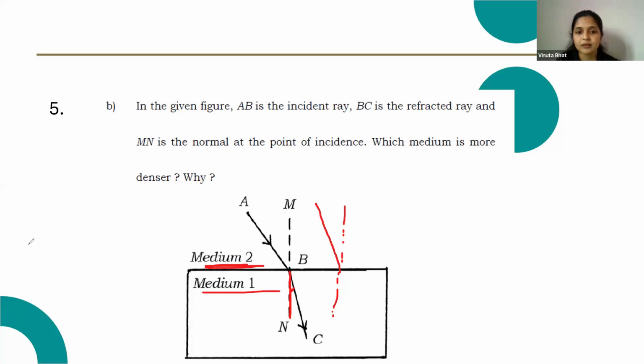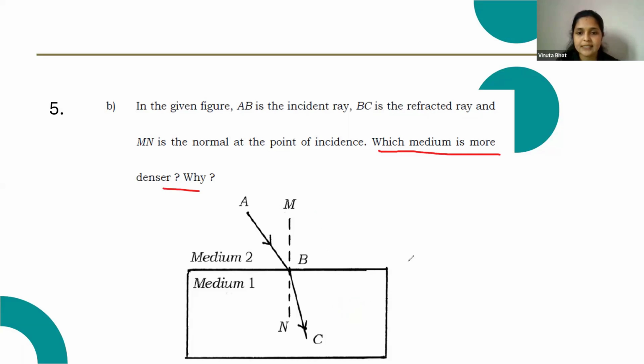So if the incident ray, when it entered medium 1, moves away from this MN ray, then medium 1 would be less dense. So which medium is more dense?